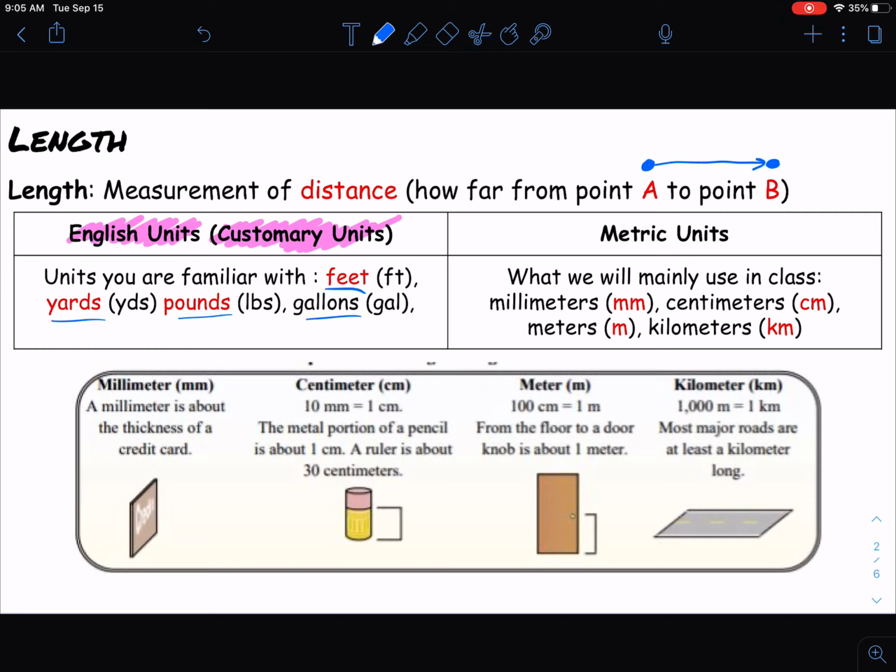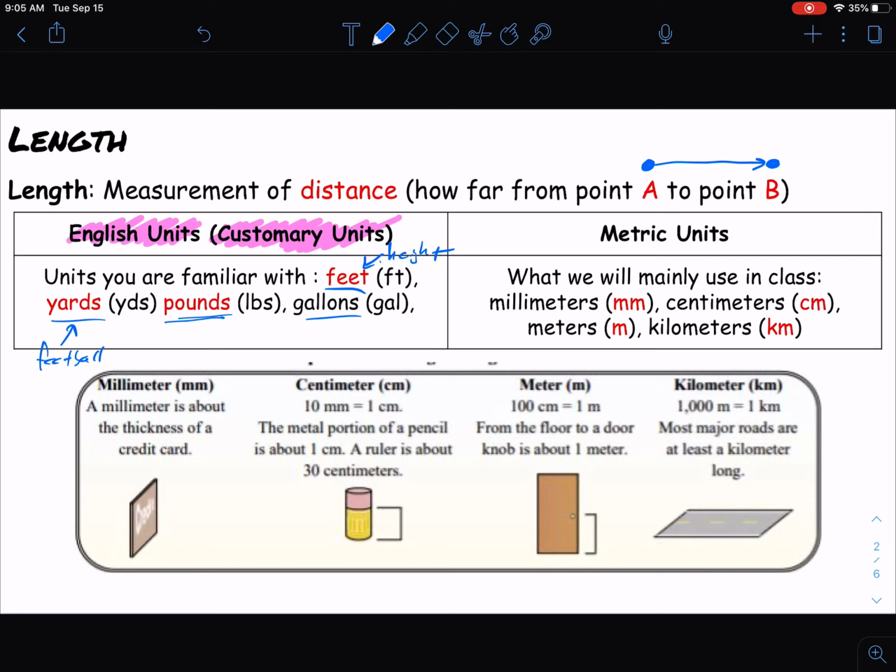You're used to visualizing feet. You measure your height in feet. When you visualize yards, you may think of a football field. You may think of a swimming pool. If you like to go to the rifle range, you may think of the distance to a target.